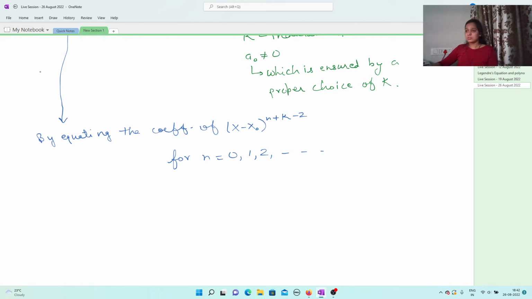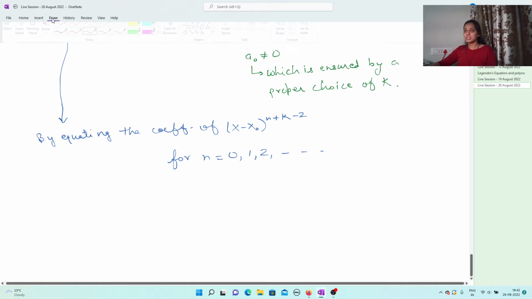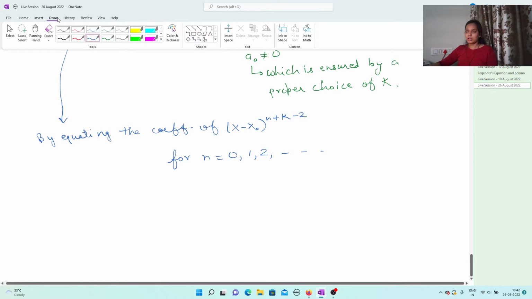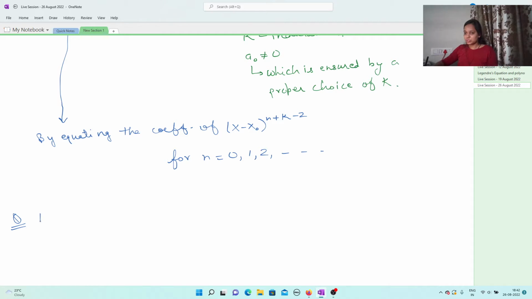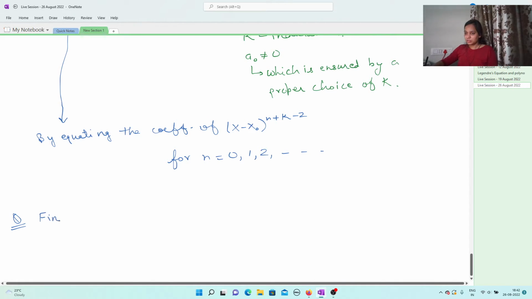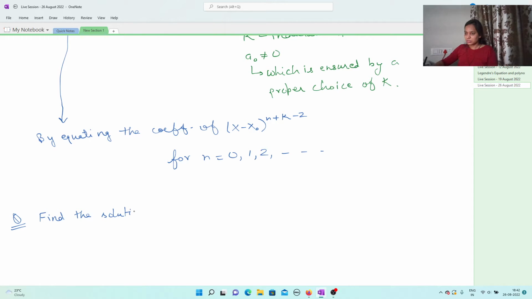Okay, any doubts in this? If not, then we will solve our question and see how to apply this Frobenius series solution. Okay, so let's move on to the question where we have to find the solution using the Frobenius method.